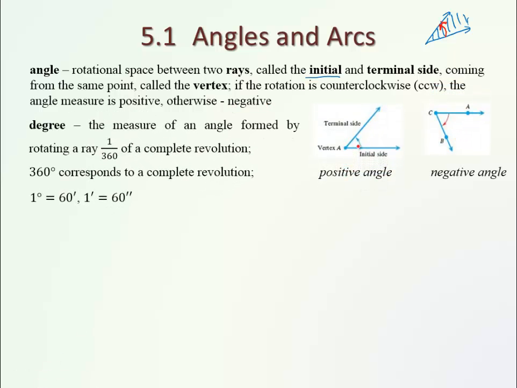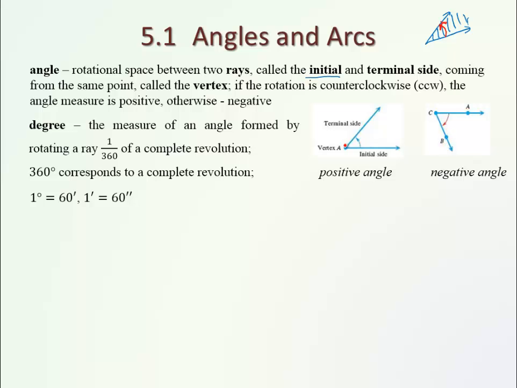So we have these two possible situations. Either a positive angle, which means the rotation is counterclockwise from initial to terminal side, or a negative angle, where the rotation is clockwise. So CA will be the initial ray and CB will be the terminal ray.